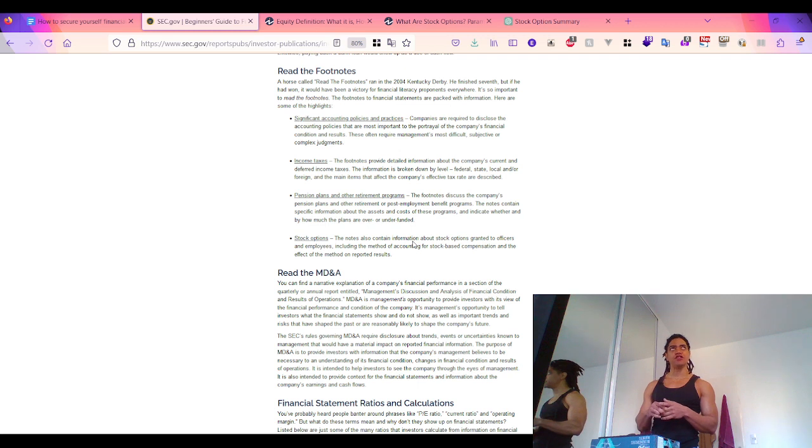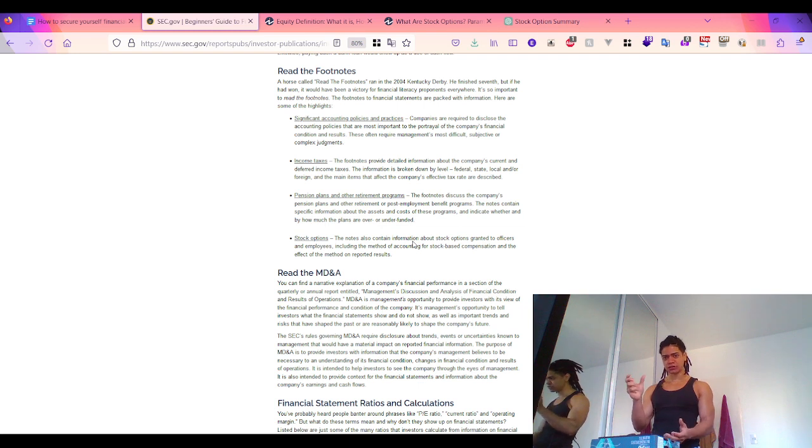This section is packed with a lot of relevant information, like significant accounting principles and practices, income taxes, a more detailed overview about deferred income taxes, and specific detail about federal, state, local, or foreign pension plans and other retirement programs.